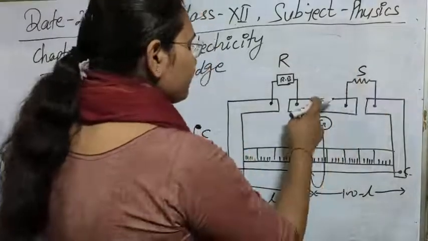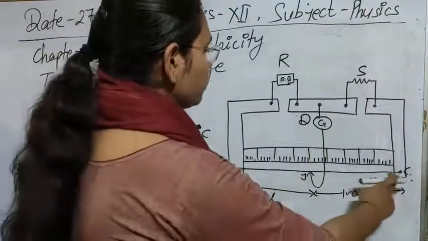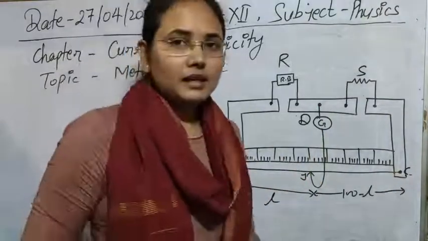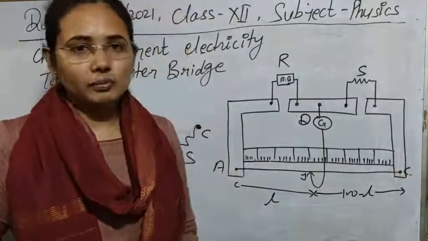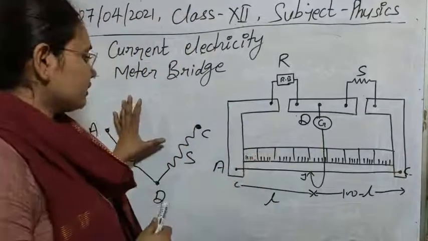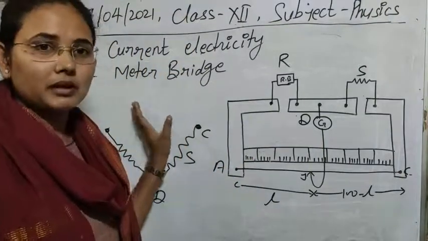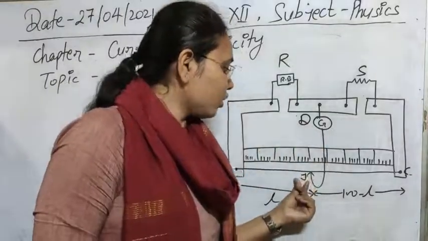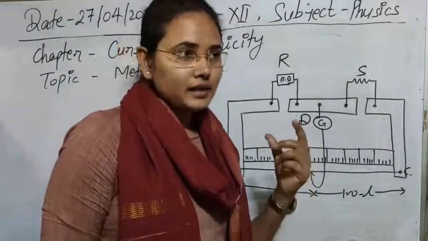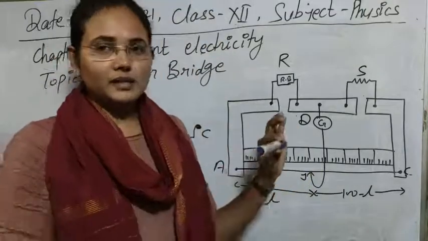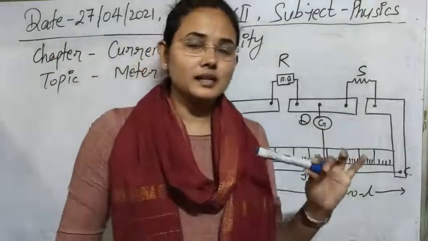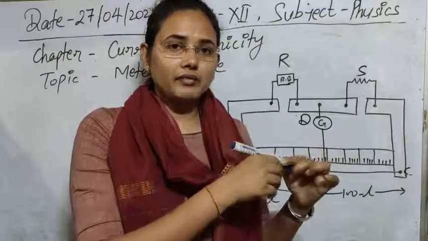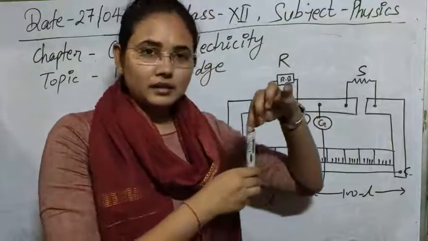Now if you see these two wires, basically what we are doing in the case of the meter bridge, let me tell you first, then I will tell you how this is the Wheatstone bridge. In this case, this is the jockey. The jockey is such a device, with this marker, where we can connect to any wire, and its end is conducting.